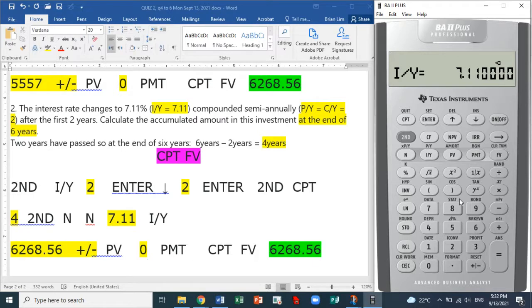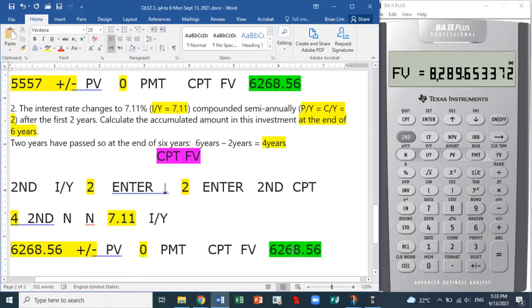The present value now is negative 6268.56. 0 for the payment, and then we compute a new future value, which is no longer this number here, but we can get rid of some of these.